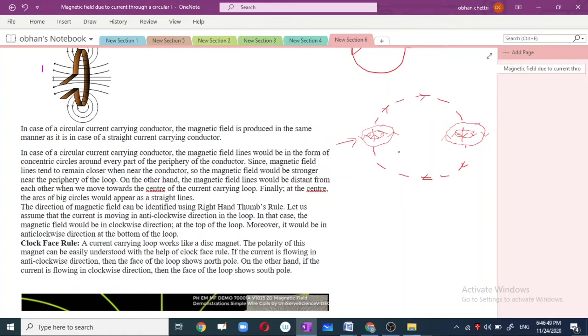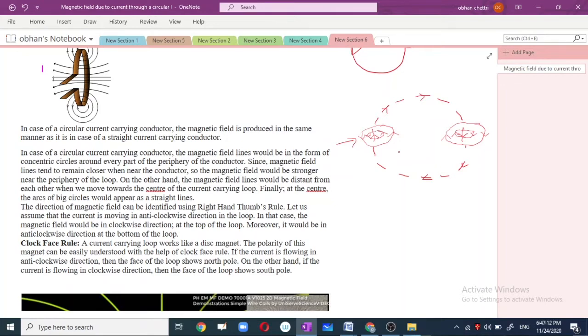If there is a magnetic field, of course there will be magnetic poles as well. That means there can be either a north pole or a south pole. So the magnetic field has been developed in this coil, and where is the north pole and where is the south pole? That is determined with the help of the clock face rule.